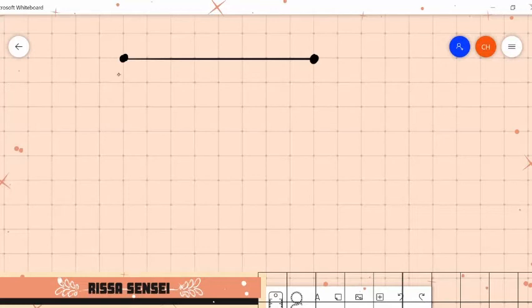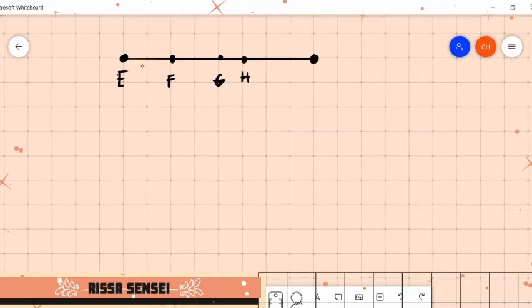So, let's say ito point E, tapos ito point F, so ito ay point G, so ito ay point H. Okay.